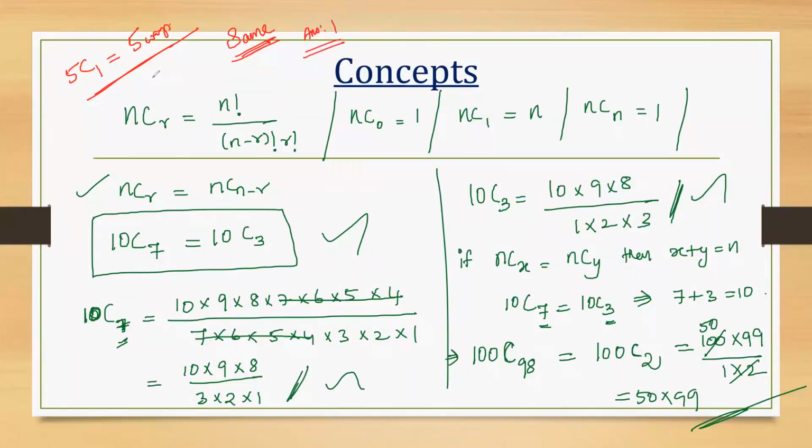For example, the same 5 shirts are white color, same brand, same size and same price. Then you choose only one white shirt and wear it, right? Like that, if we get the word same, the answer will be 1. So clear?